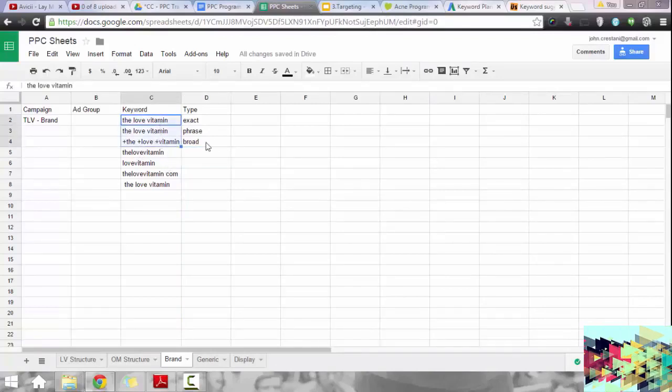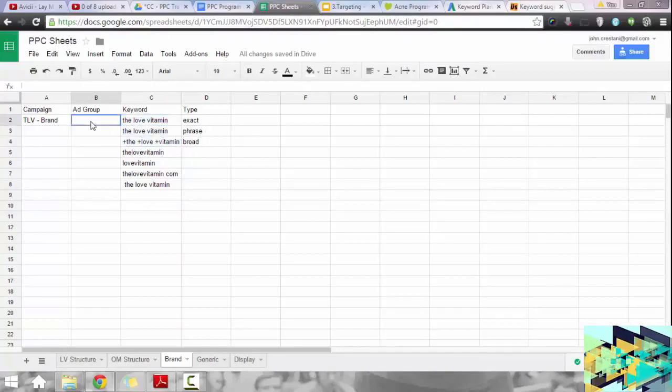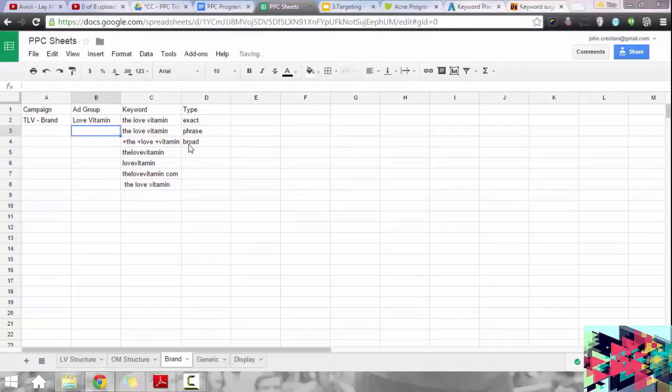So this is really the core of the ad group, and I'm going to name the ad group the love vitamin, or just love vitamin, because this is the brand. You could name it love vitamin, or you could just name it brand.